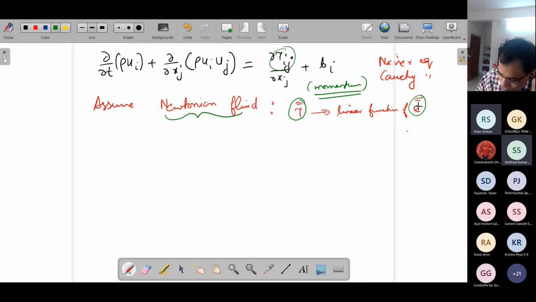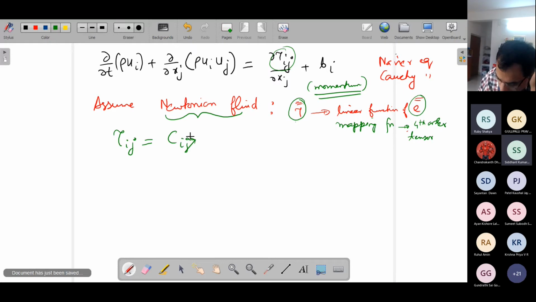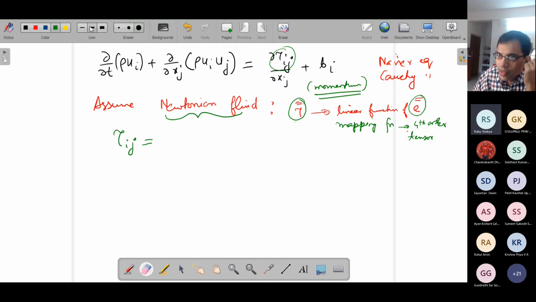So the mapping function is a fourth order tensor as per the tensor theory. So if you write it in proper tensor index notation, a fourth order tensor will have 4 indices, just like a second order tensor will have 2 indices.